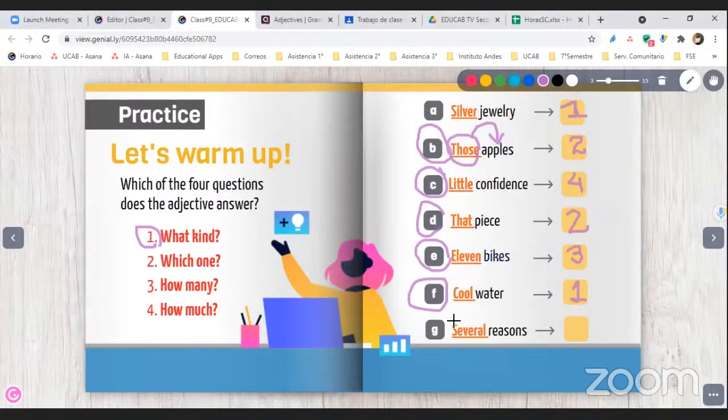We have here several reasons, okay? That is letter G. So maybe we can ask Maria Angel. I don't know if you can hear me better now, but can you help me with the last one? Can you tell me what question do you think this adjective is answering? The adjective several, that is modifying the noun reasons. Several reasons. You can do it through the chat or maybe with your microphone.